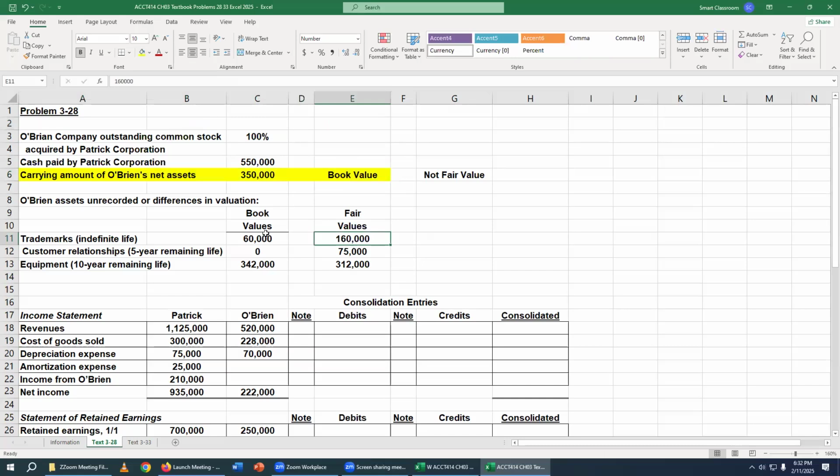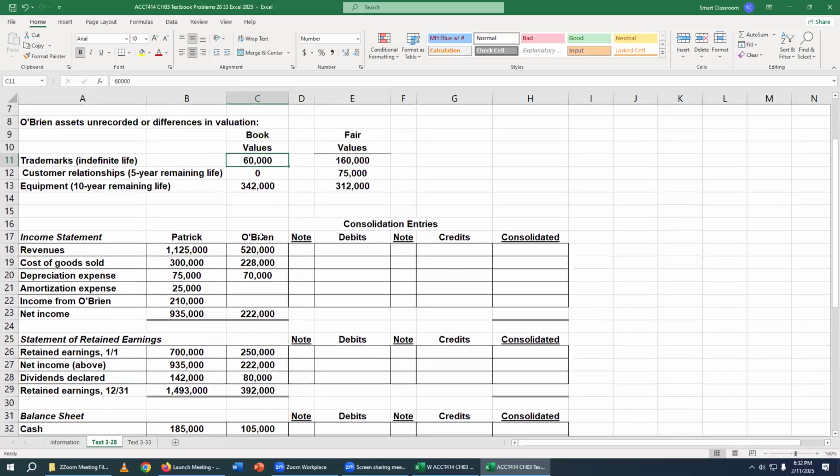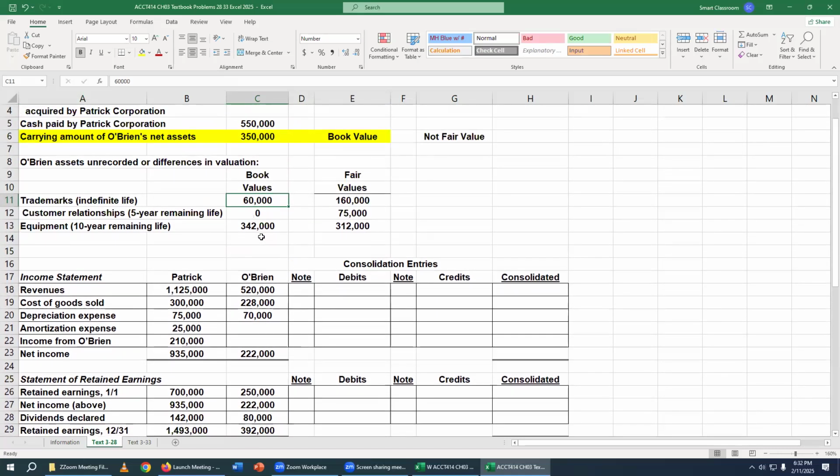Okay, so they said that they had some differences here. Trademarks, infinite life. Book values are 60,000 and 160,000 was the fair value.